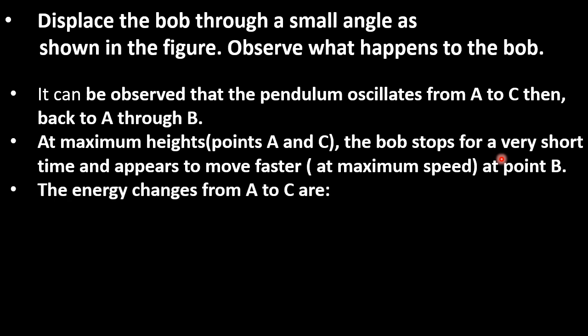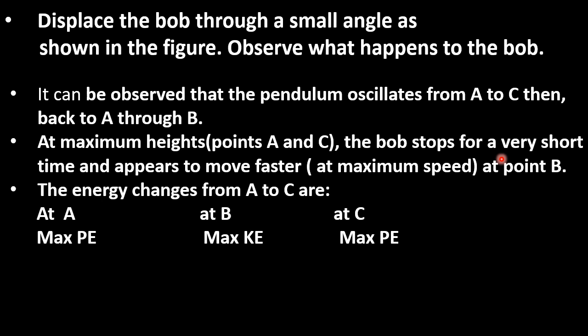So we can describe the energy changes from A to C as follows. At point A, in the diagram there, the body has maximum potential energy, while at point B it has maximum kinetic energy.